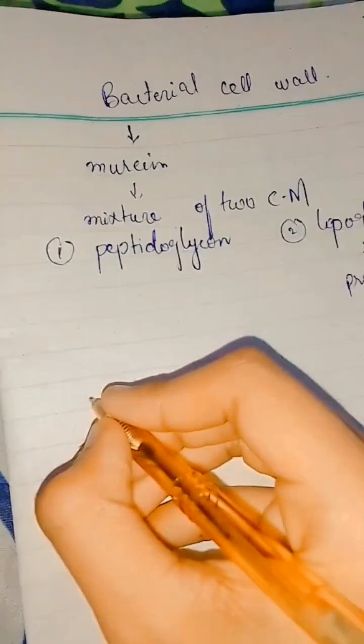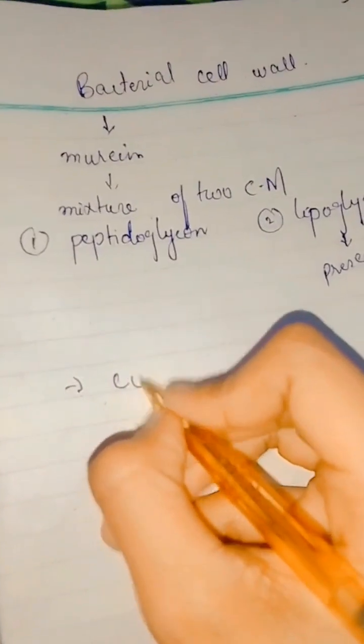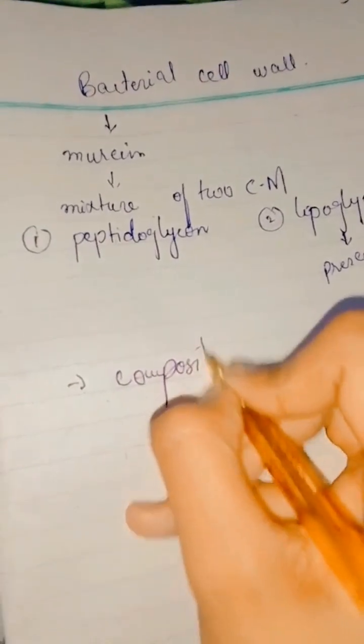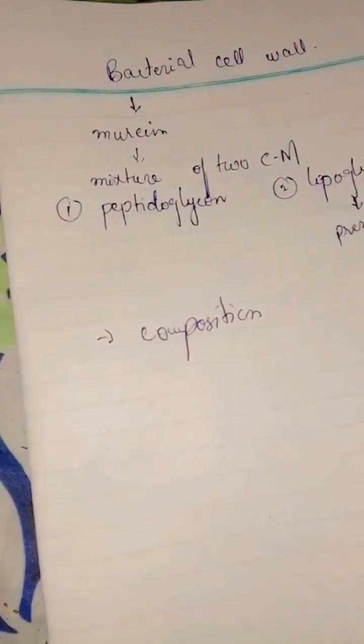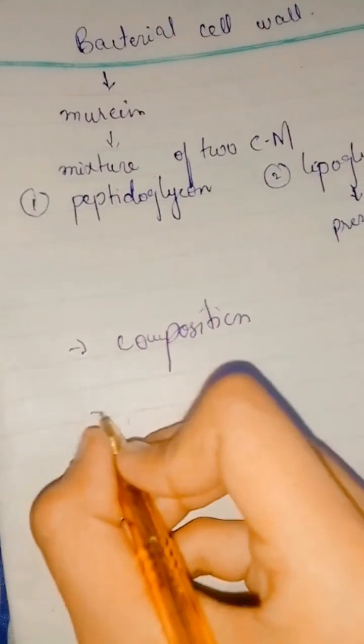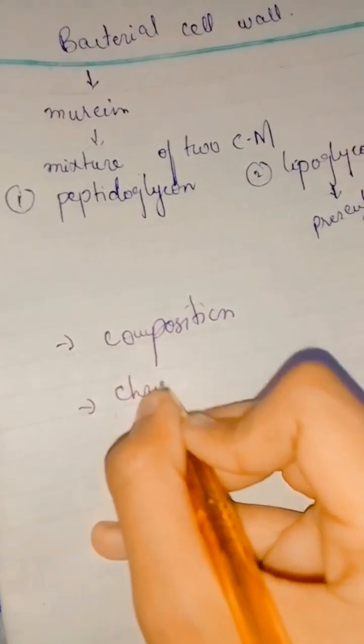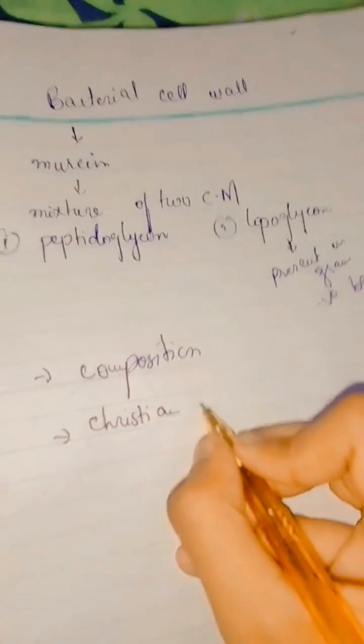Now, the bacterial cell wall is classified on the basis of its composition. There was a scientist named Christian Gram.